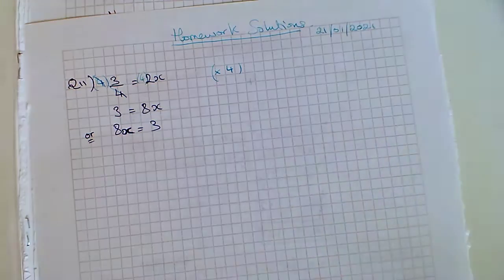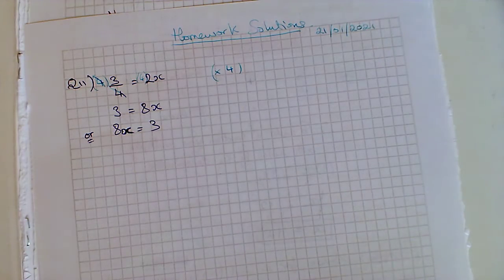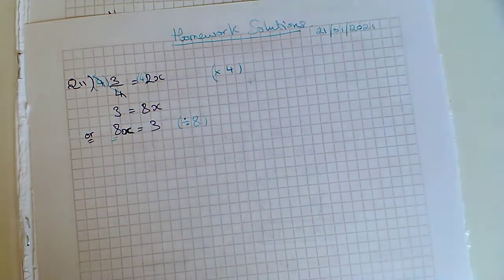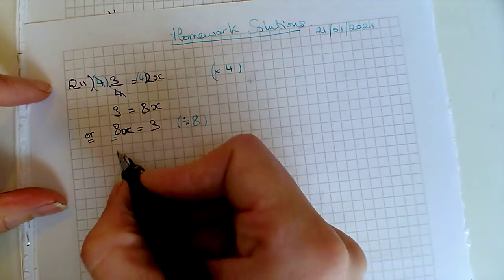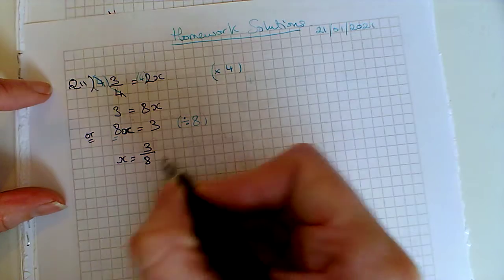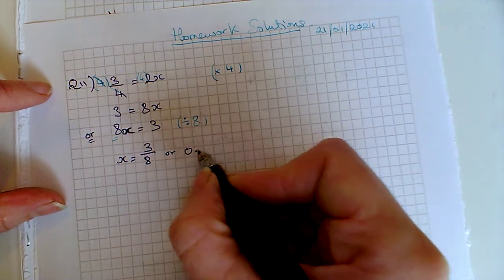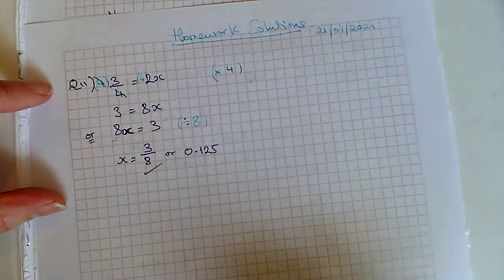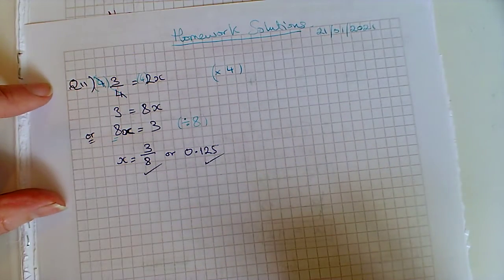We like to have the letters on the left and the numbers on the right because it's what we're familiar with. And then the last step in solving an equation is, of course, to divide across by the coefficient of x. We divide across by 8. So x is equal to 3/8, or 0.125 if you change it to a decimal. It's fine to leave it as a fraction. Both of those answers are fine.